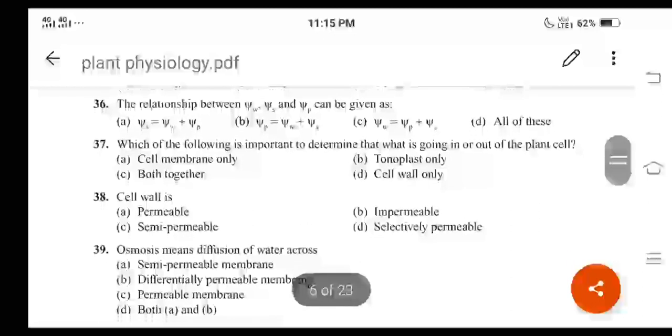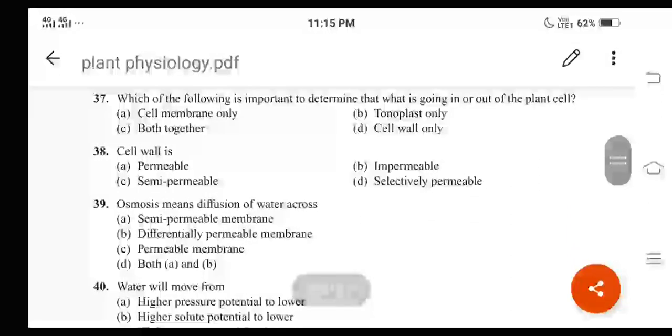Question number 37. What is the question here? Which of the following is important to determine what is going in or out of the plant cell? The options for question number 37 are: cell membrane only, tonoplast only, both together, and cell wall only.